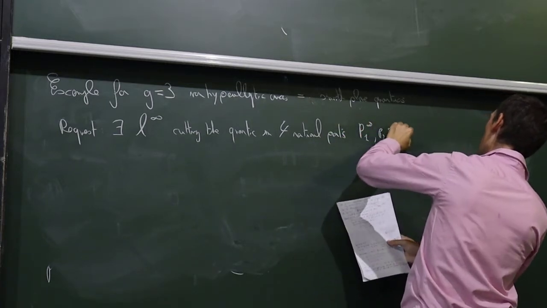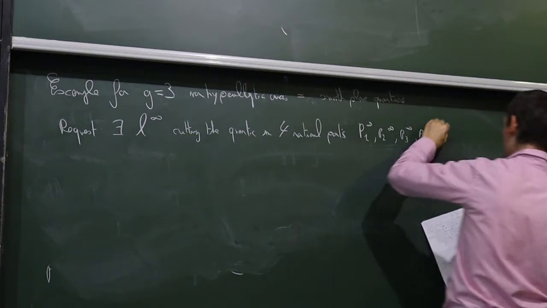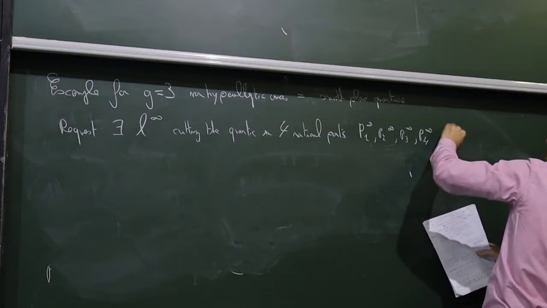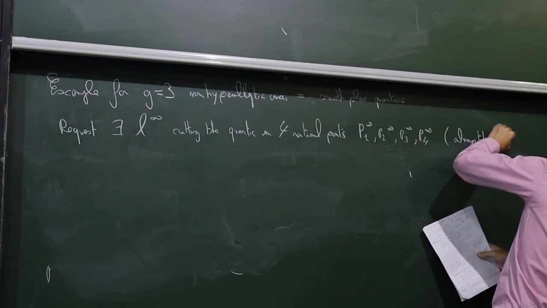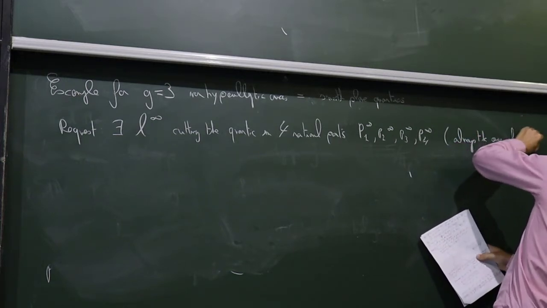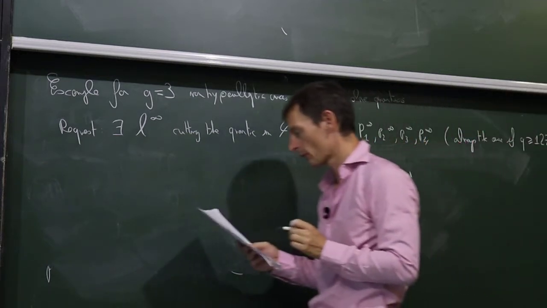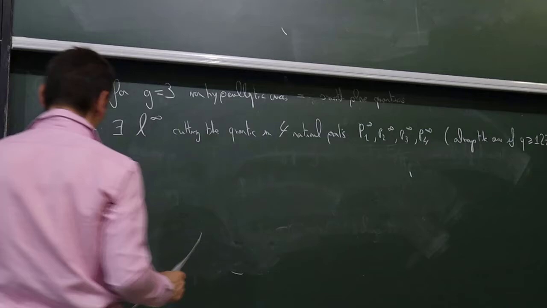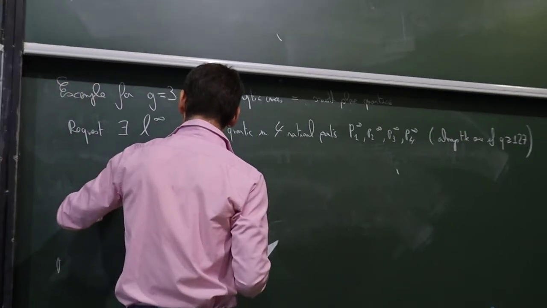I make this assumption, and one can prove that this is always the case if q is large enough, meaning greater or equal to 127. So I'm going to assume this, and you will see that it simplifies the algorithm.